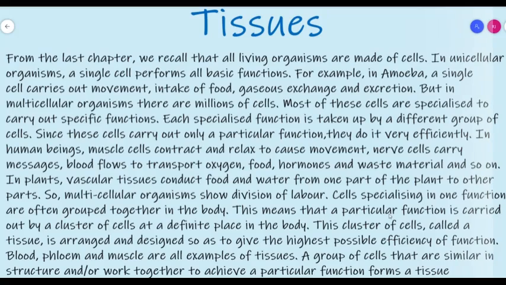This means that a particular function is carried out by a cluster of cells at a definite place in the body. This cluster of cells, called a tissue, is arranged and designed so as to give the highest possible efficiency of function. Blood, phloem, and muscles are all examples of tissues.